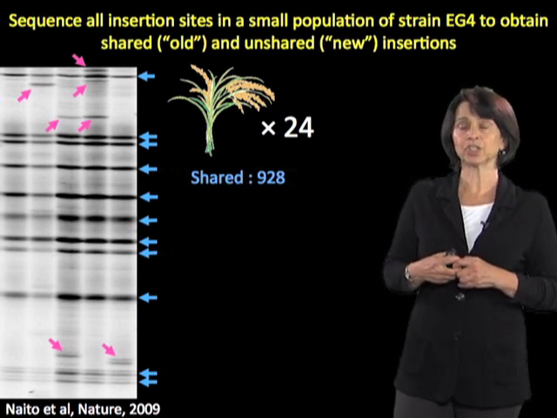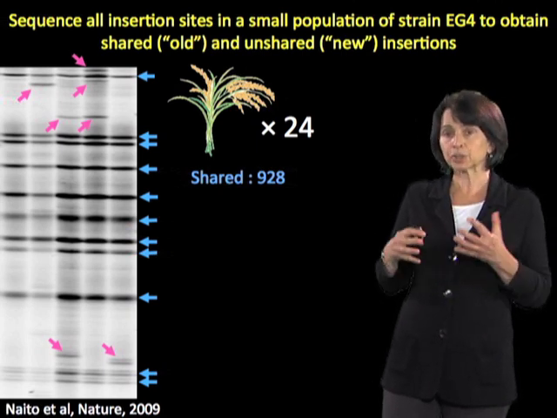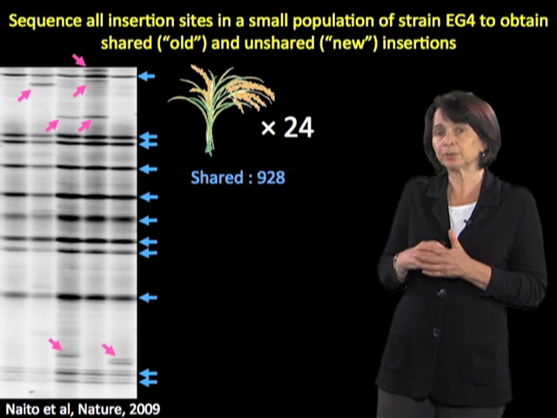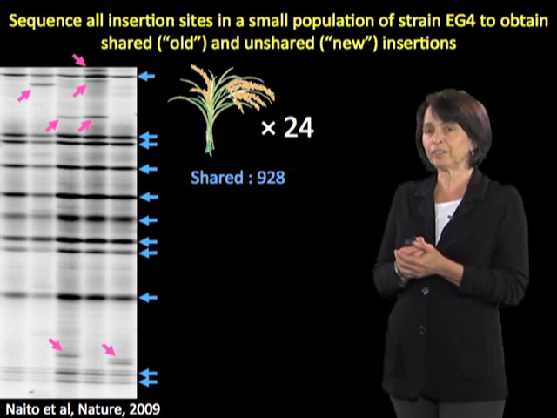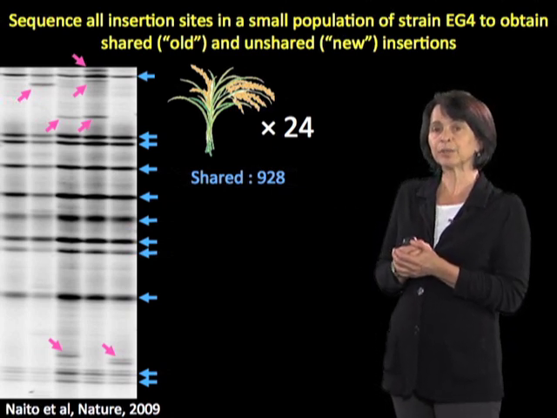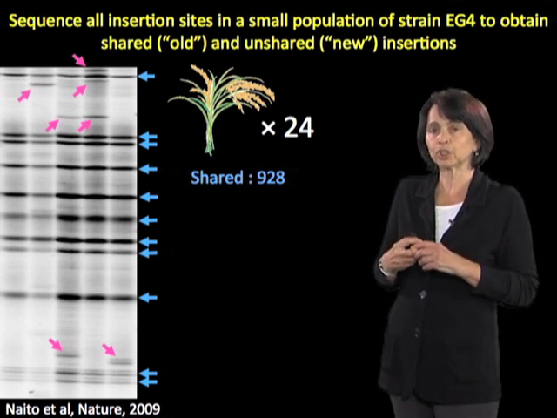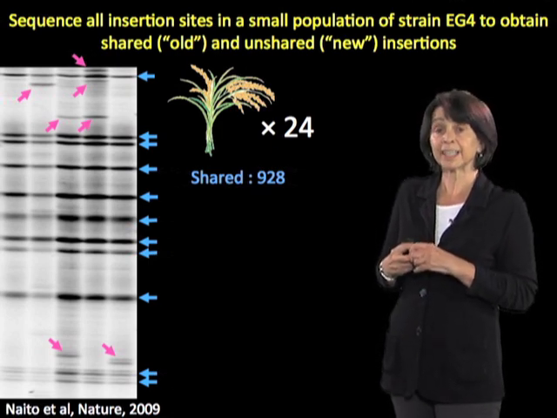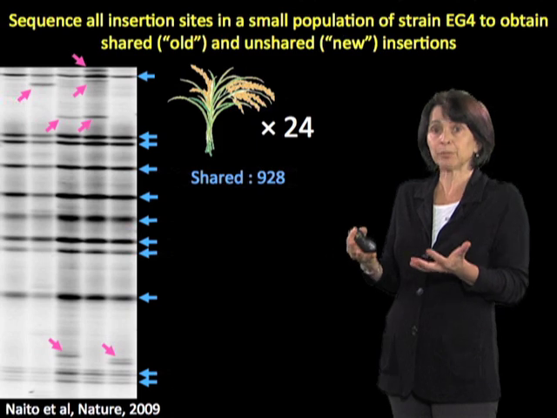He can actually determine where Emping is in a small population of plants, and he chose the number 24. So we took 24 rice plants, and he was able to barcode the PCR reaction so we could tell which plant the PCR products came from.